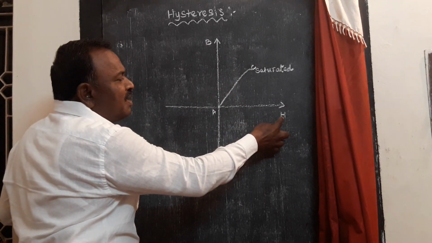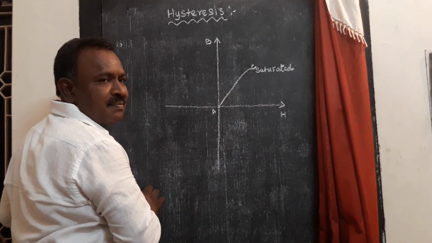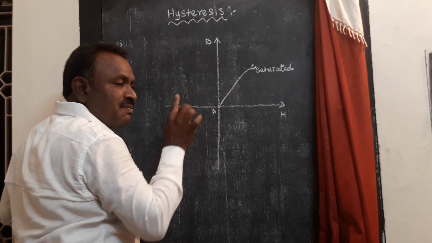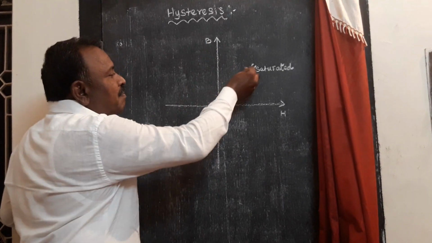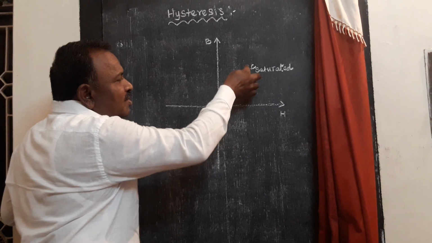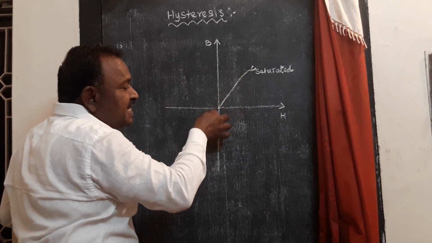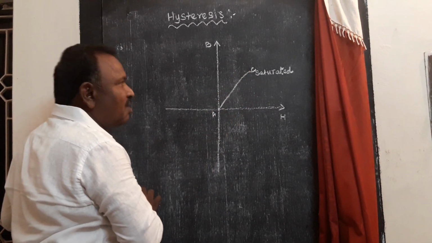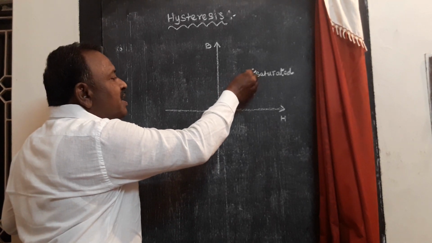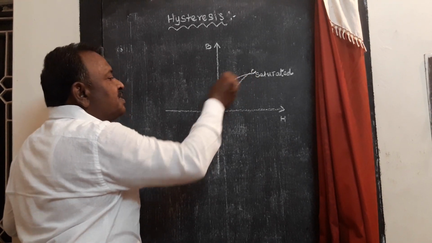Now when the magnetizing field is decreased, magnetic induction will also decrease, but it will not follow the path CA. Instead, it will follow a different path, CD.